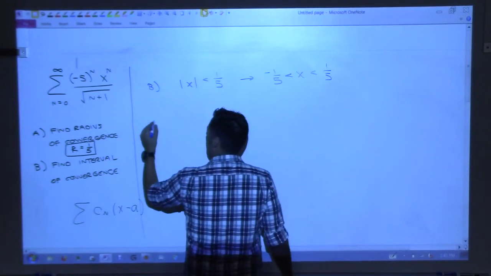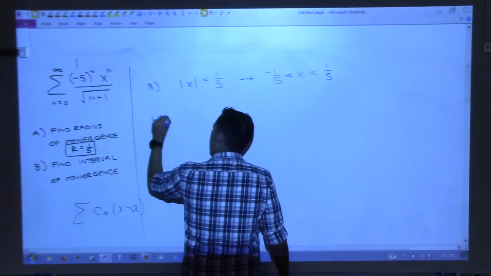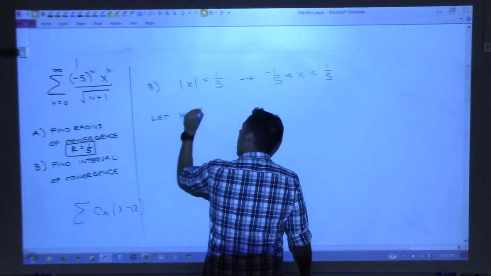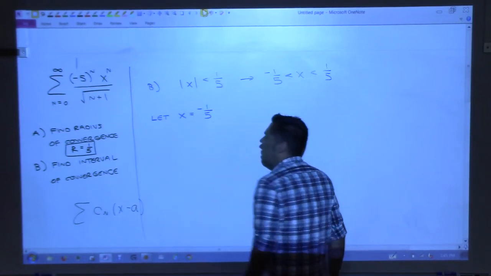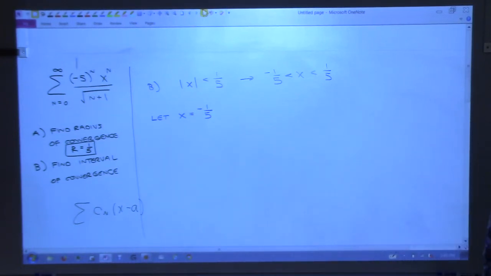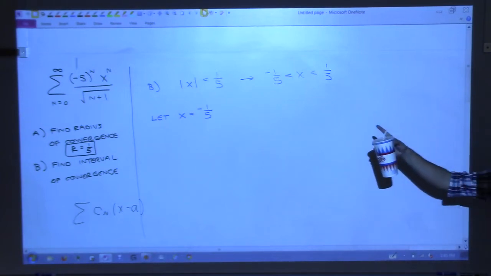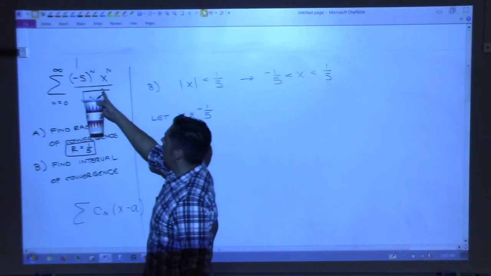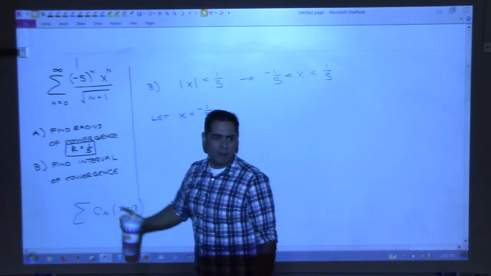So which one would you like to check first? Negative 1/5. So we come in here and we say let x be negative 1/5. And do what? Plug it into the original series. We have to go all the way back to here and replace that x right there with negative 1/5.